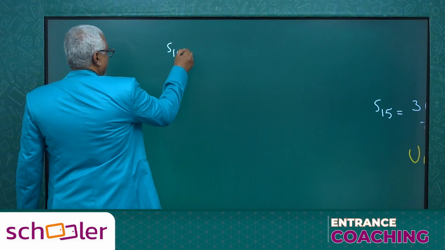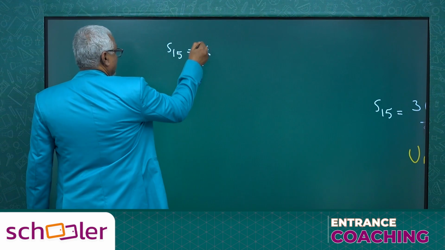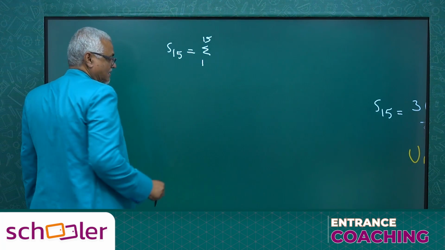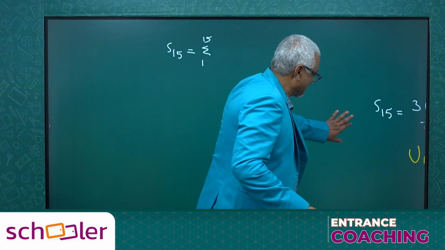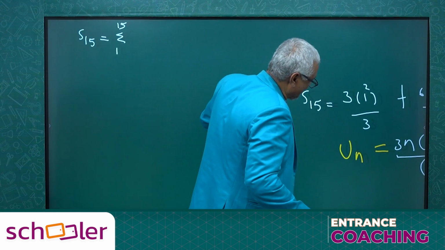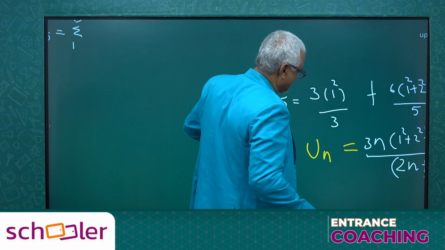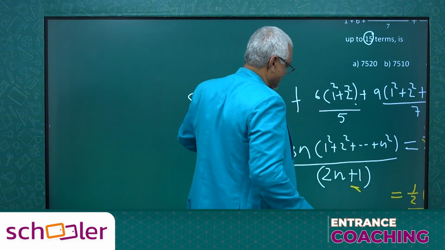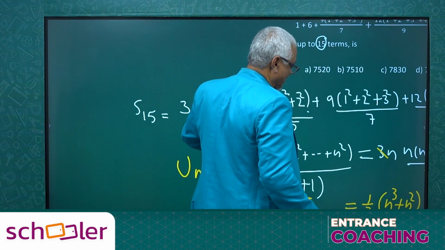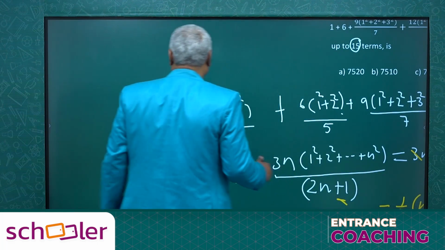S15 equal to sigma 1 to 15. Okay. What is the sum? I remember, un is equal to 1 by 2 into n cube plus n square.